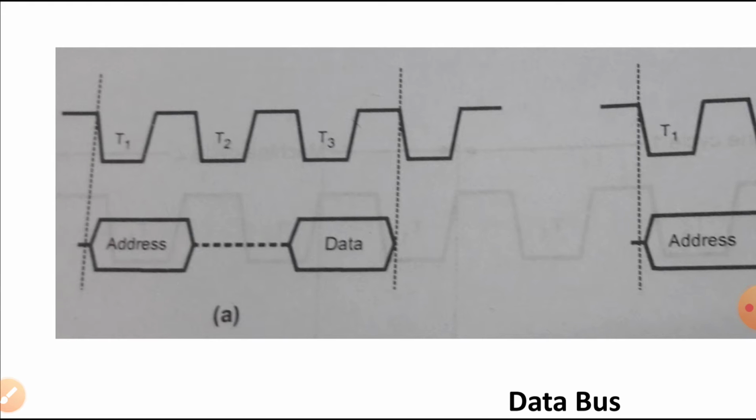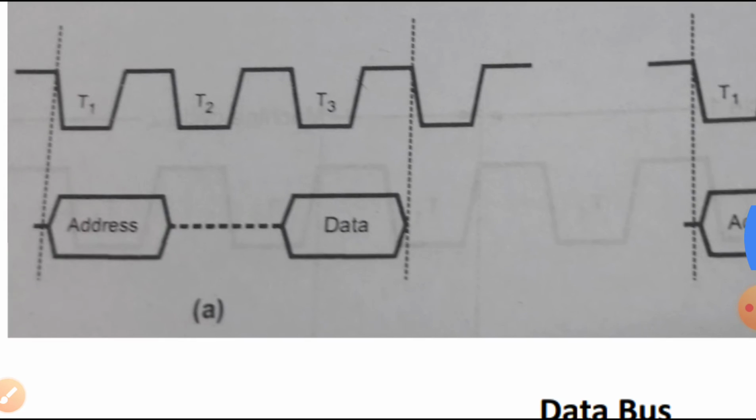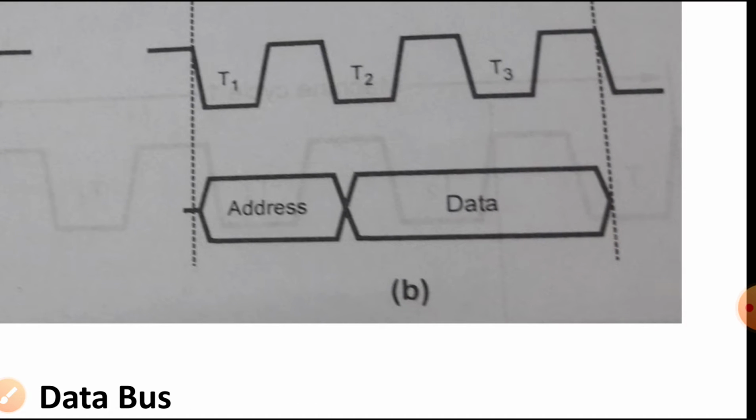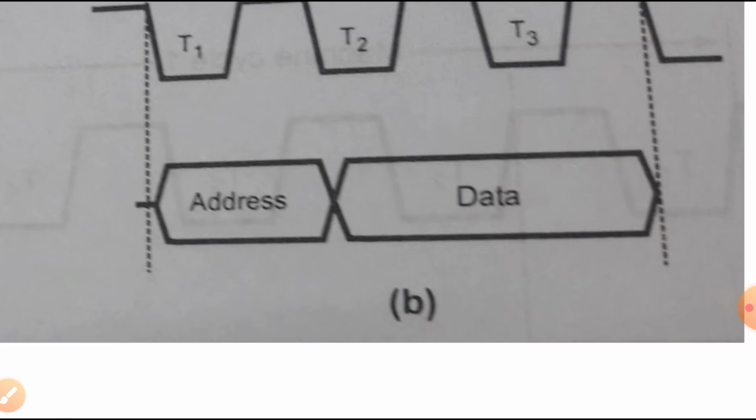It is important to note here that in the read machine cycle, data will appear on the data bus during the later part of the T2 state, as shown in this figure, whereas in the write cycle, data will appear on the data bus at the beginning of the T2 state. So there is a little bit of difference.